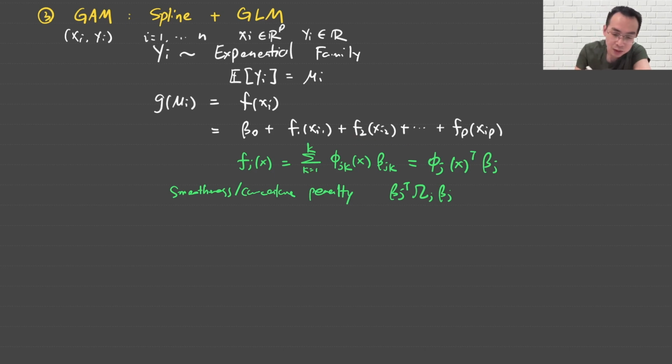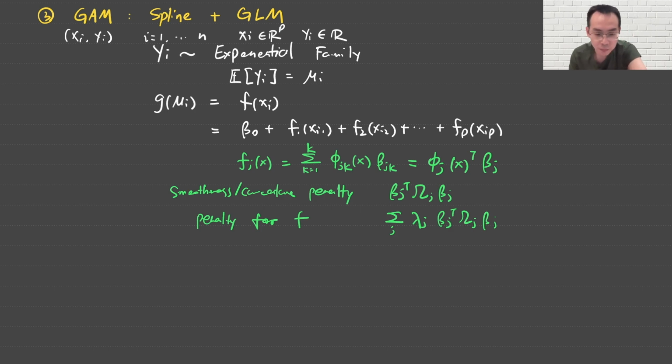Then for the entire function, we're just going to sum all the penalty up. So I should say that the penalty for f is going to be the sum over j of lambda j times beta j transpose omega j beta j, right? So that is going to be the penalty for f.